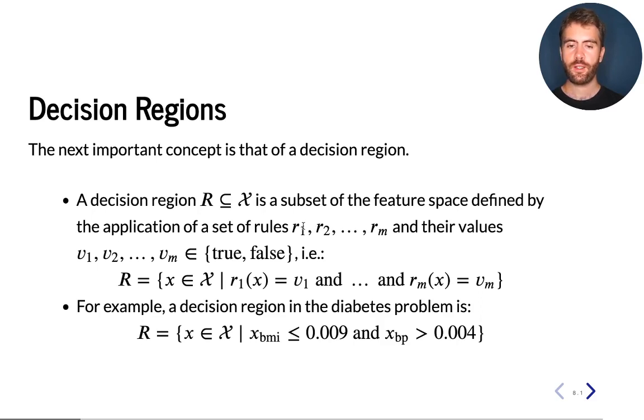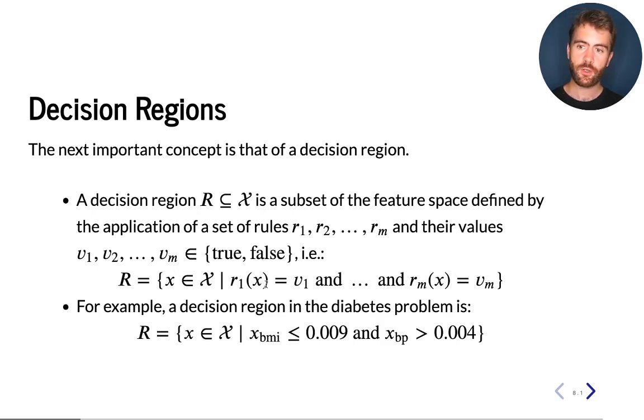Each of these rules can take a value, true or false, which I'm going to denote by V. And for each possible assignment of values to these rules, I have what I call a region, and that is simply the set of inputs for which these rules attain the values that I specified with the V variables.